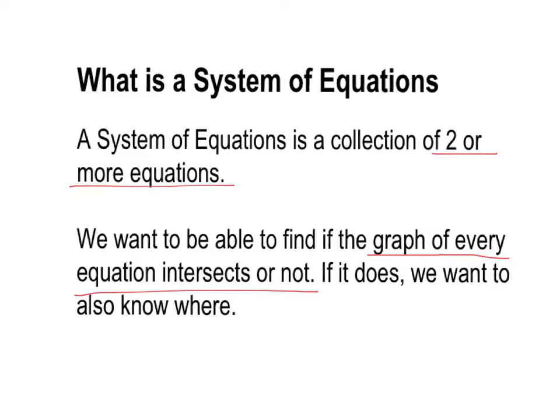So, for example, I might have one equation of a line that goes this way, and another one might go this way, and we would know that the intersection of those two lines would be right about there. A lot of times we're going to see these in word problems. Let's move on.